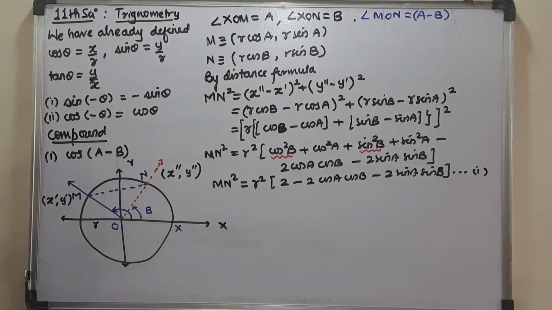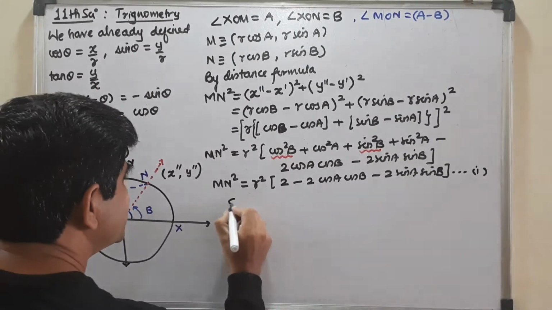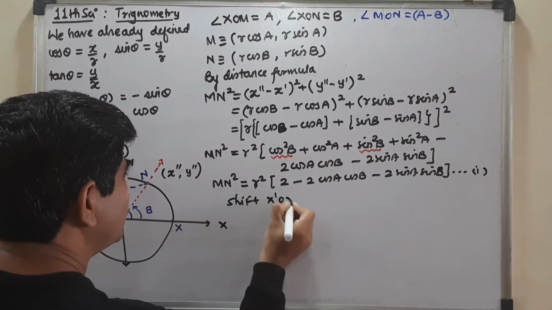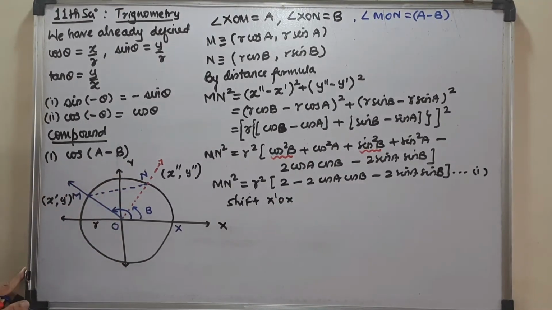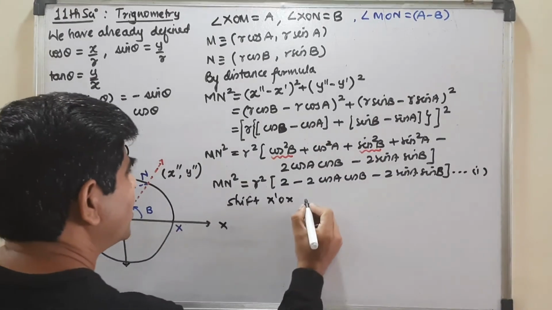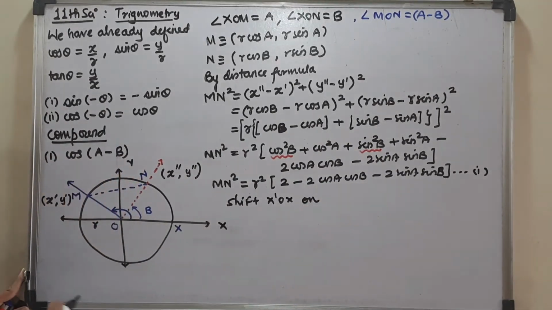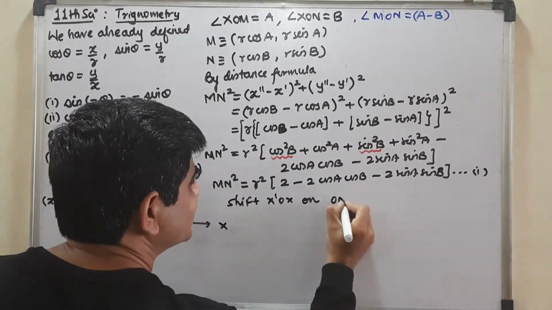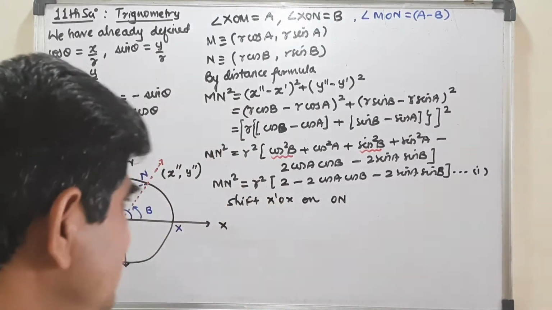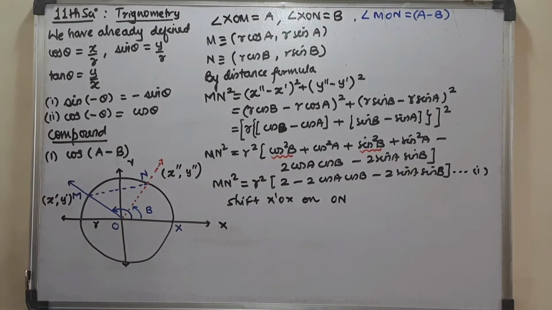That is, I shift x dash OX, so it is called ON. So it shifts onto ON.